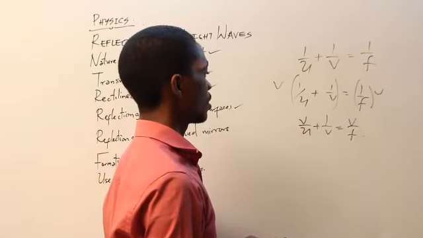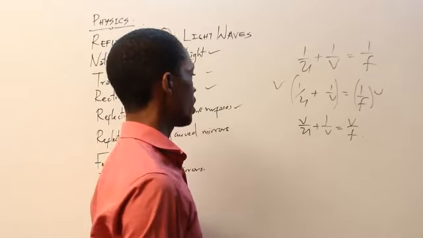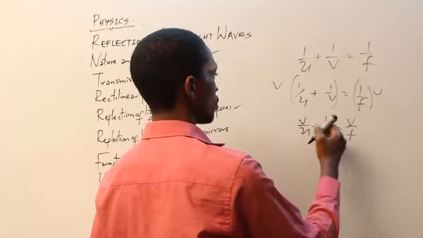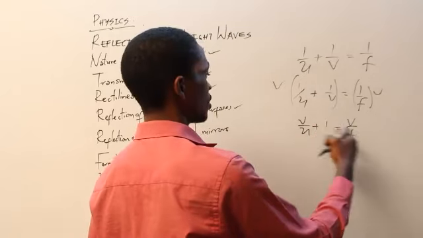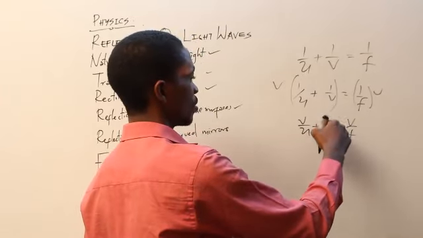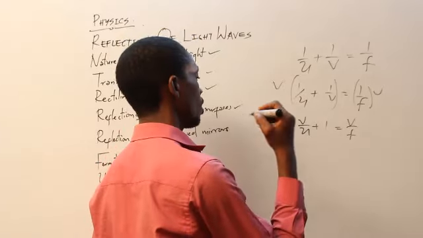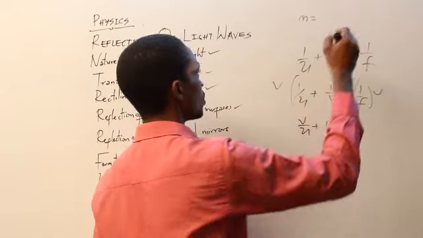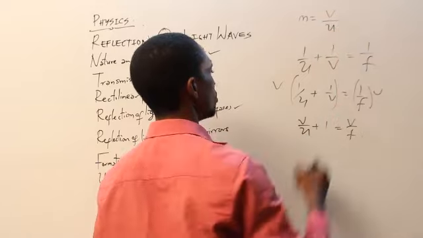And dividing the whole expression by V again, this is V over V, which is 1. V over V will give us 1. So if we look at this, from what I told us earlier, M, which is magnification, equals image distance divided by object distance.